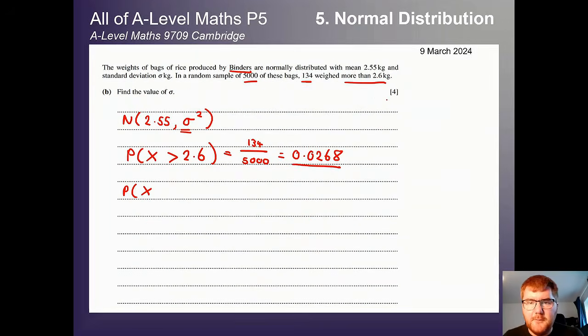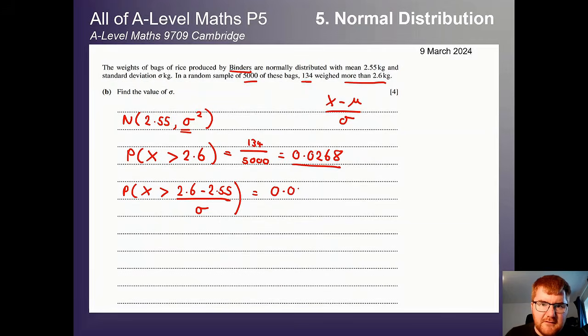So this was the formula of minusing the mean divided by the standard deviation. So we do the same thing here. We have 2.6 minus 2.55 divided by the standard deviation, and that's going to give us 0.0268.